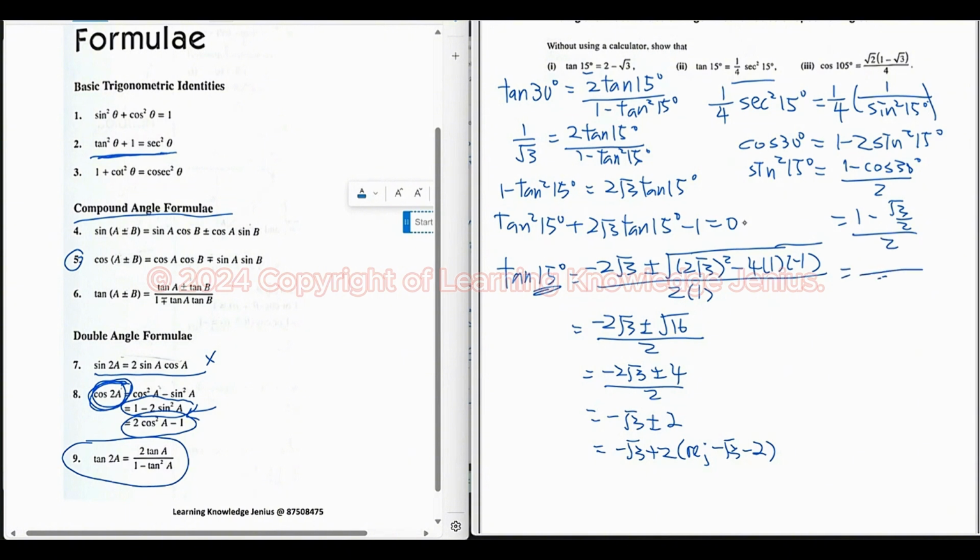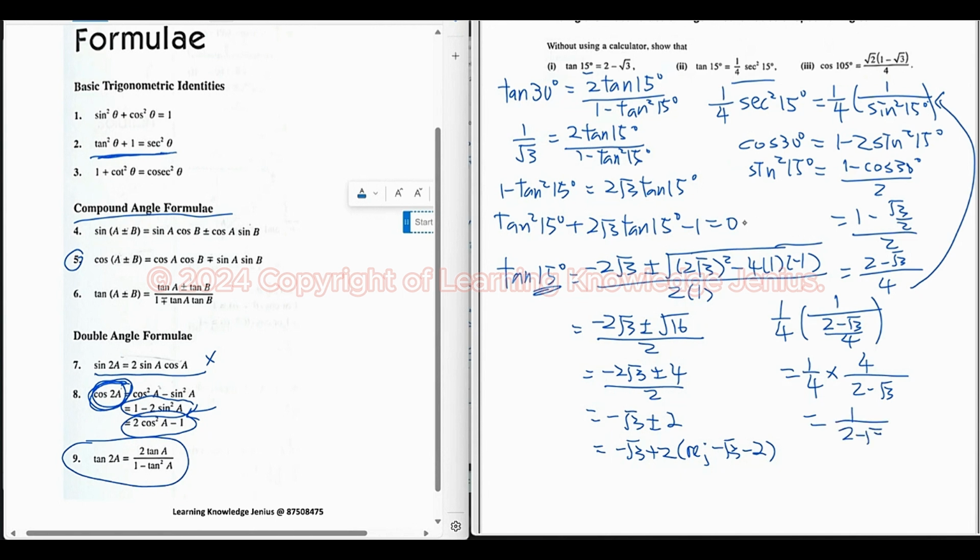Then you simplify it. After we obtain this, we can sub it back to here. Then you will get 1/4, then it will actually be 1 over. So you can flip it, simplify, then rationalize it.